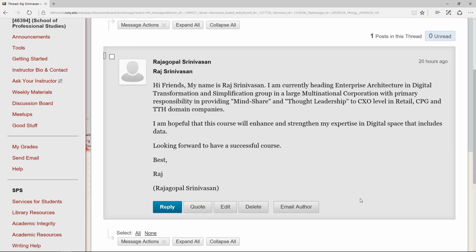As part of my job, I provide thought leadership and mind sharing sessions with CXO level, typically on enterprise digital strategy, enterprise data strategy, and application revamp, modernization, and transformation. As part of this learning session, I would definitely like to update my skill set in data modeling by applying the mathematics that I'm going to learn in this session. I'm sure I will. Additional information about me can be found in my LinkedIn profile. Thank you very much.